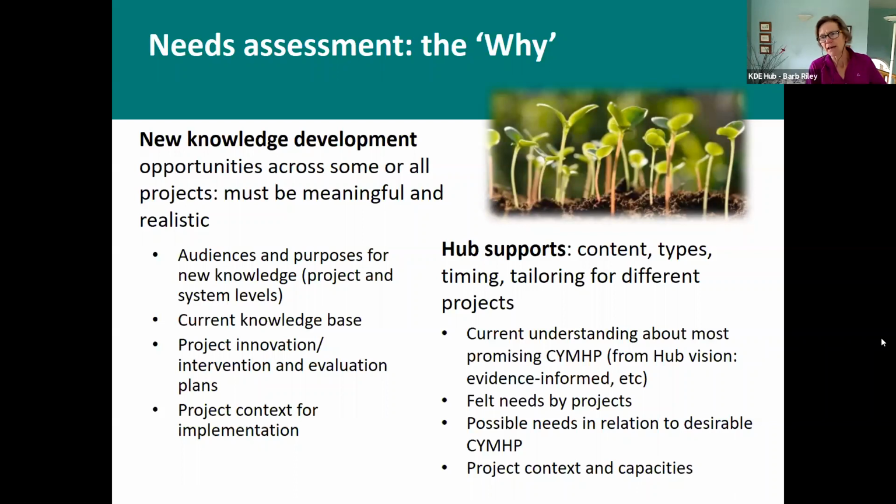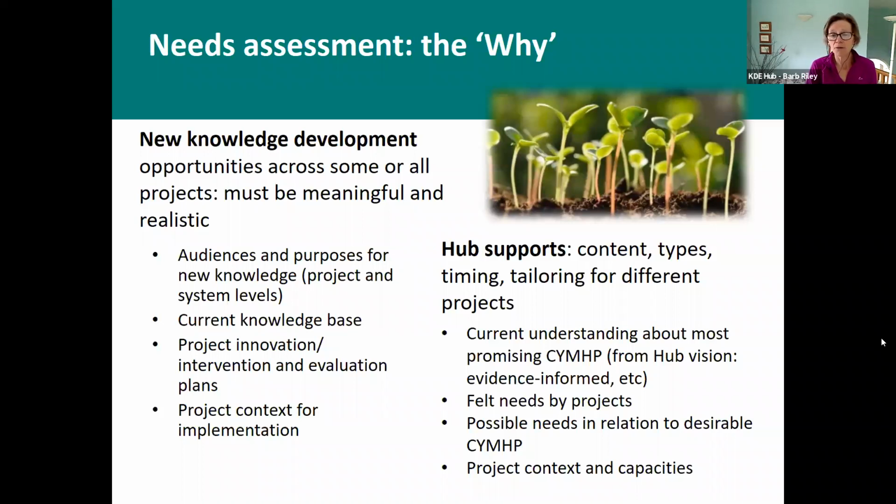What were they? Evidence-informed, sensitivity to context, sensitivity to culture, equitable, sustainable. That's our starting point for what we're trying to support within the MHPIF. Then there's also what we've heard from all of you about your own felt or expressed needs for what's going to be most useful.